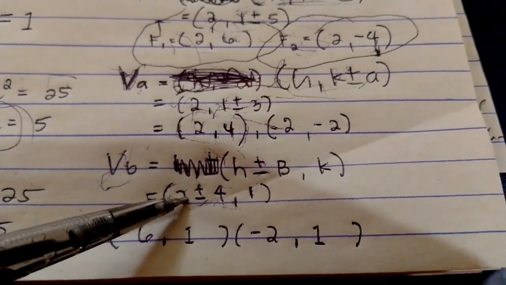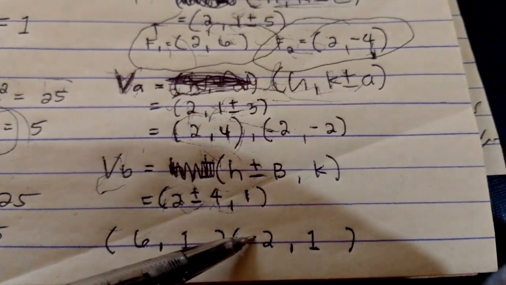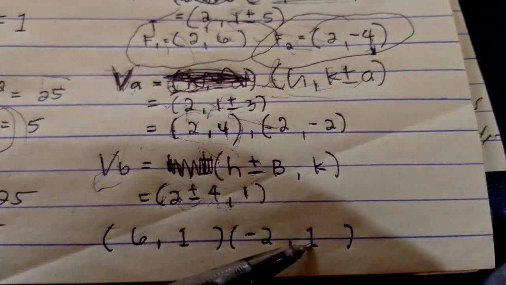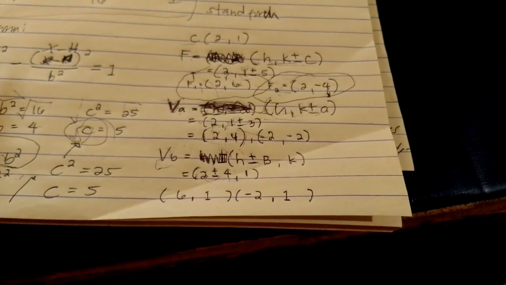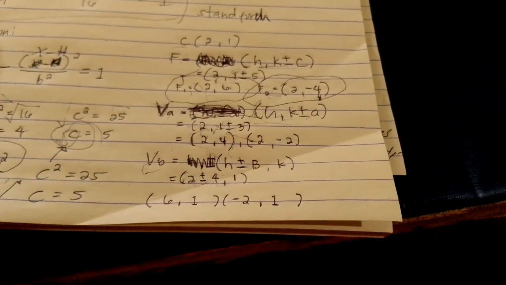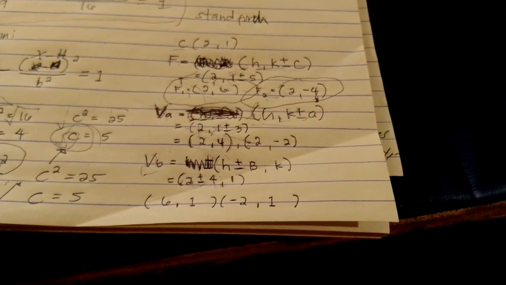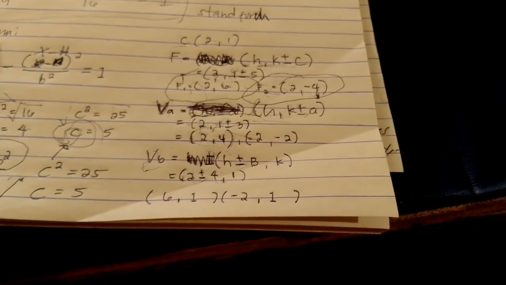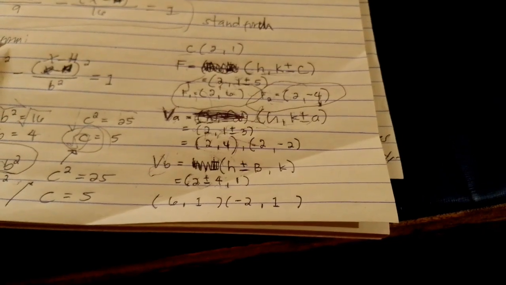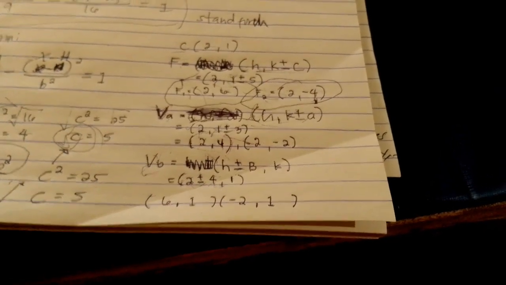Next is 2 minus 4, negative 2, comma, 1. And that's all of the coordinates of our center, foci, and vertices. Now we are ready to graph the hyperbola.